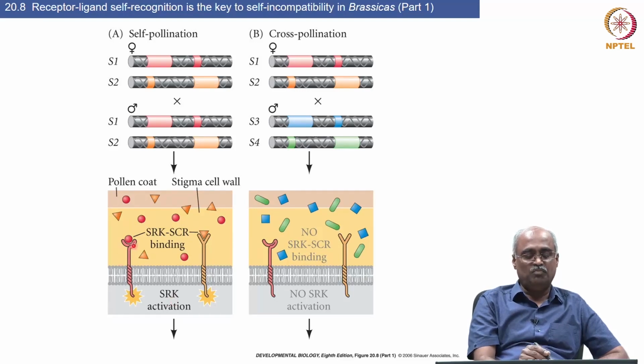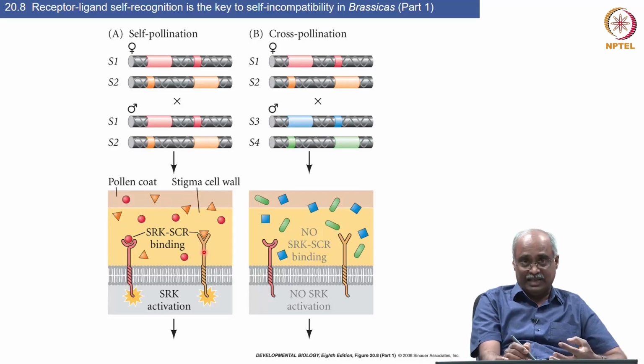When you have a compatible match, look at the shape of the cartoon here in the receptor, they are shaped to fit the ligand. So it is a compatible interaction in terms of the ligand-receptor binding, not in terms of the fertilization itself. And when the ligand fits the receptor, it initiates a reaction that leads to abrogation of the pollen tube, and due to that the pollen is rejected.